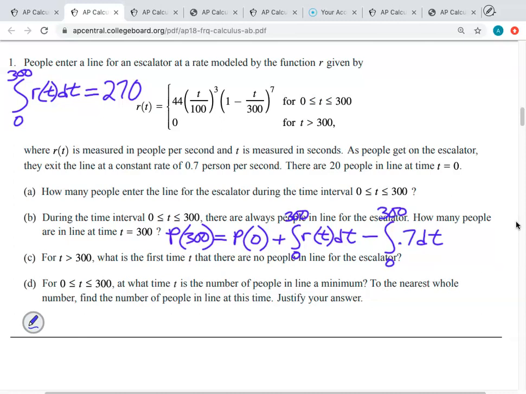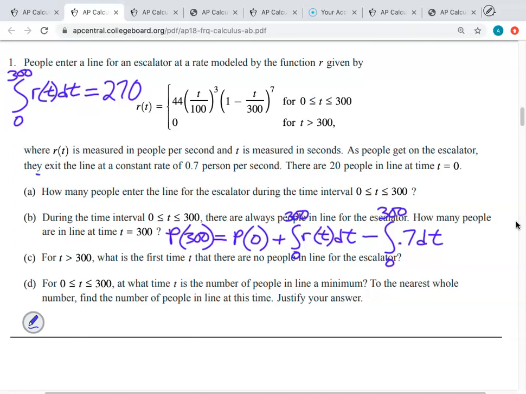So the number of people that are in line at time 300 is the number of people you started with plus the number of people that got in line minus the number of people that got out of line. Does that make sense?